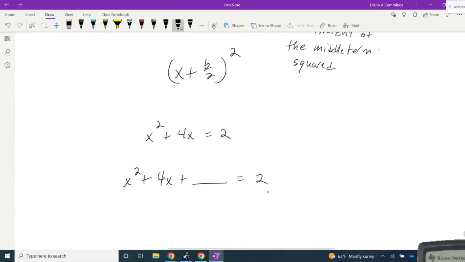In order to complete the square, I'm going to take half the coefficient of the middle term and square it. The coefficient of that middle term is 4. We divide that by 2, and then we square it. So 4 divided by 2 is 2, and 2 squared is 4.